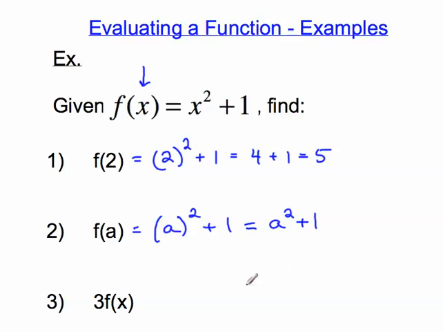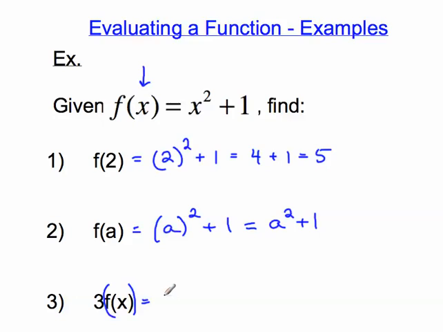Now in the next example, we don't see anything changed here inside of the brackets. We've got a 3 out front. So it's saying, what is 3 times f of x? Although these brackets don't mean multiplication, that 3 is multiplied by the whole of f of x.